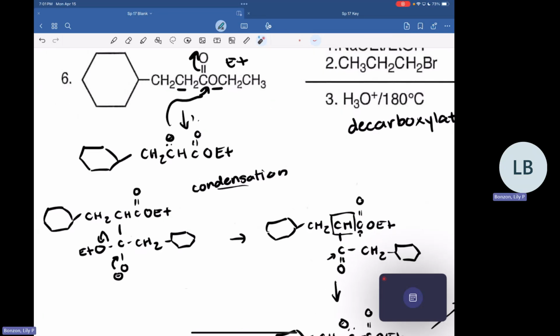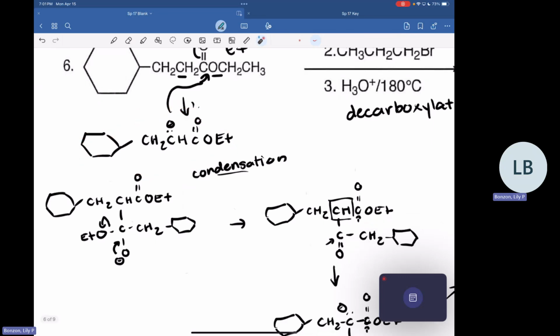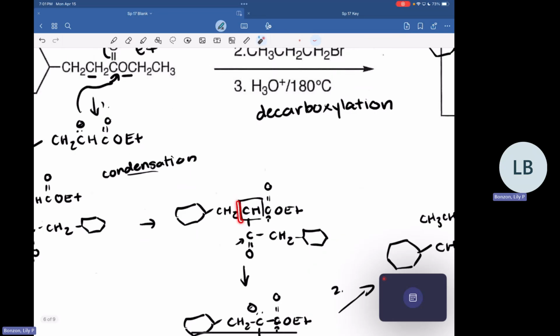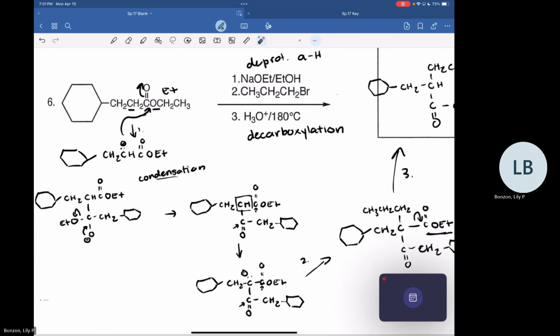So the first step we attack ourselves, and then the O minus here comes back in and kicks out the OEt group. And so then we're left with a CH here.